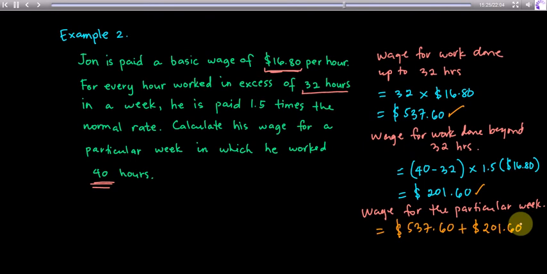So add the two, 537.60 plus 201.60, which is equal to $739.20. This is his wage for the particular week.